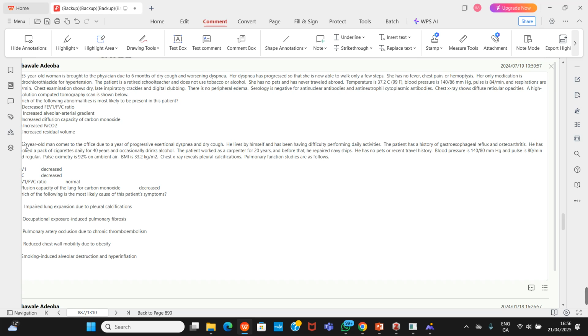He has no pets and no travel history. Blood pressure is 140, pulse is 80, BMI is 33. Chest X-ray shows pleural calcification. Pulmonary function tests: FEV1 is decreased, FVC is decreased, the ratio is normal, and the diffusion capacity for carbon monoxide is decreased. Which of the following is the most common cause of this patient's symptoms?